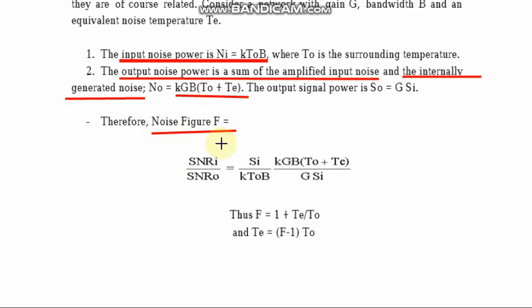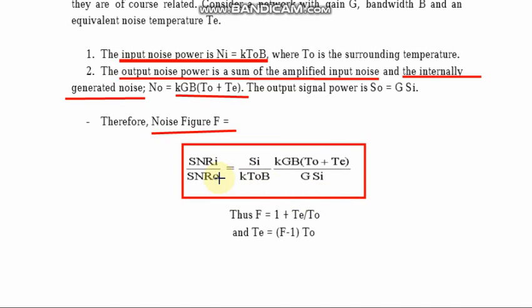The noise figure will be the actual signal to noise ratio at the input divided by the actual signal to noise ratio at the output. So here, if you put the values, Si by K T0 B, what we have done here is Si divided by, this part is the input noise power, and this part is the output noise power.